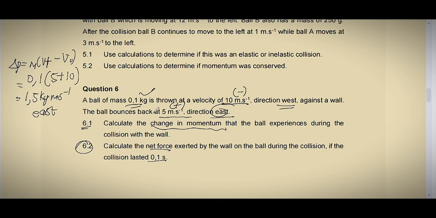So the only quantity here that speaks of the net force and the time is the impulse. So remember, we have impulse is F net delta T, right? But then just above here, we've calculated the change in momentum, and we know about the impulse momentum theorem.